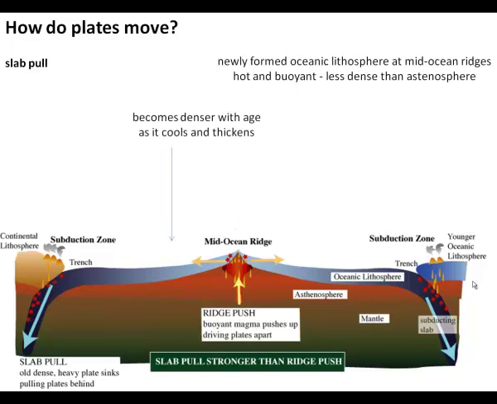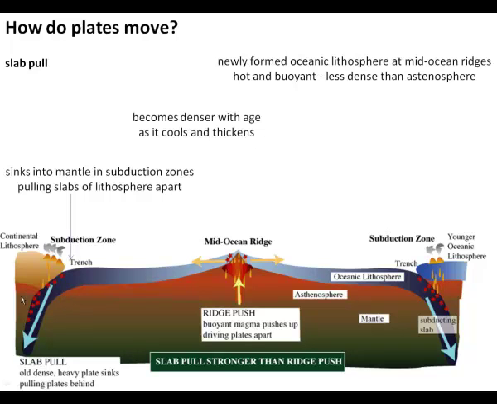Subsequently, that oceanic lithosphere will become denser with age as it cools, and it'll thicken by addition of new material on the lower surface of it. And eventually, in subduction zones, that oceanic lithosphere will be subducted and recycled deep within the earth.